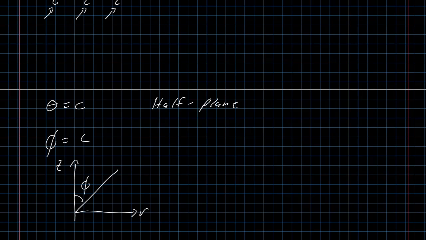And then the value of rho will let us go anywhere we'd like along this line. And then the value of theta will allow us to rotate this. So if we take a straight line that goes through the origin and we rotate it, we're going to end up with a right circular cone.